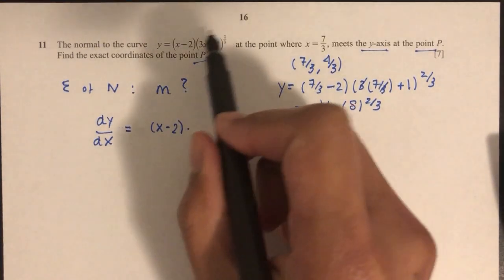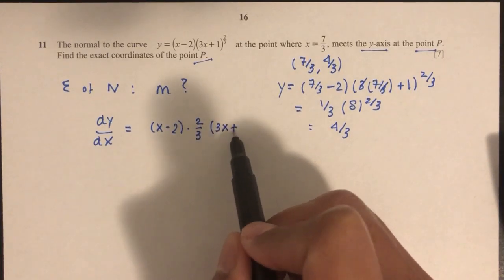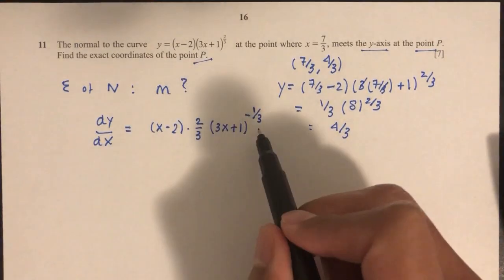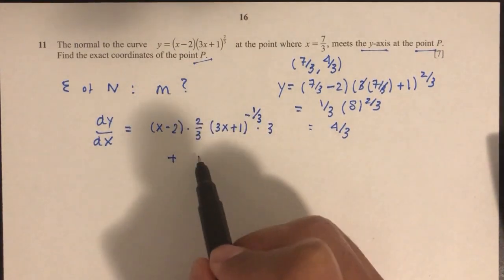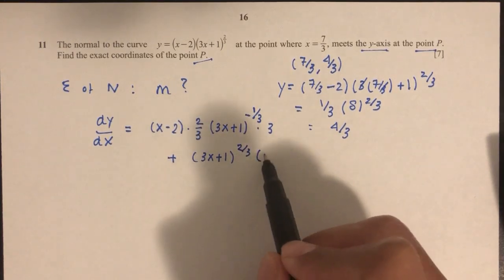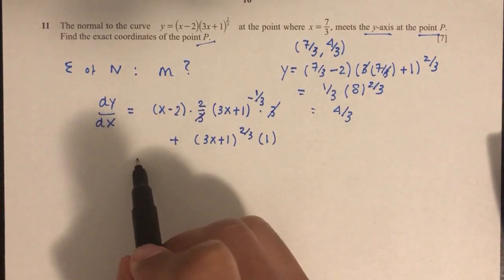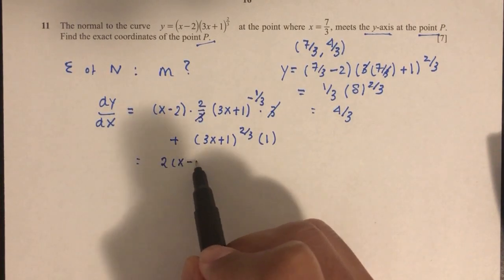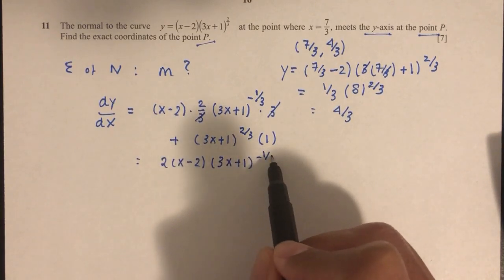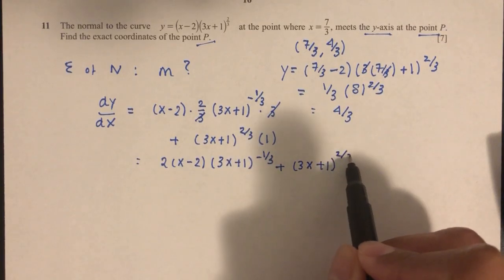Then we have to differentiate this part, which will be 2/3, 3x plus 1, to the power of minus 1/3 times 3, plus the 3x plus 1 to the power of 2/3 times 1. So let's simplify.